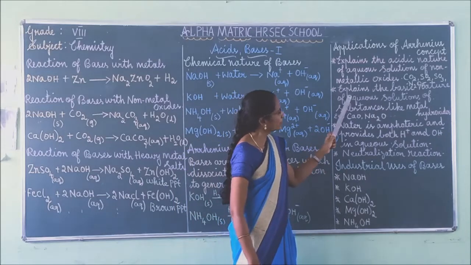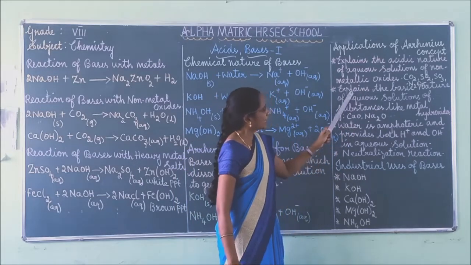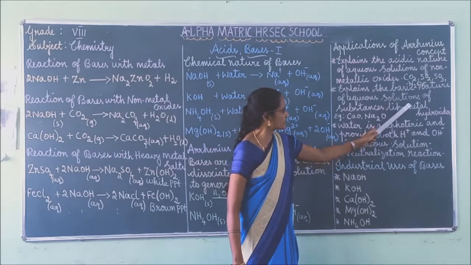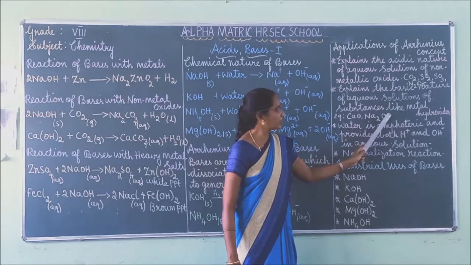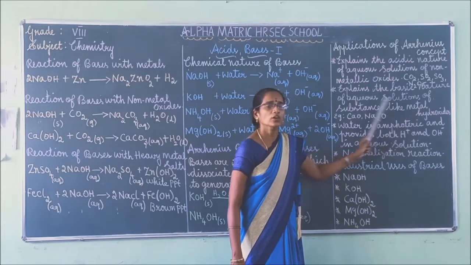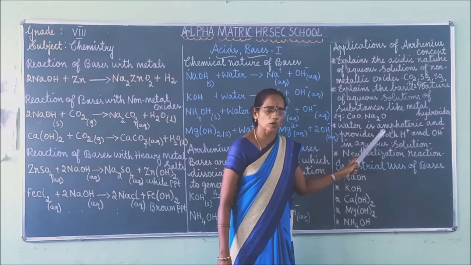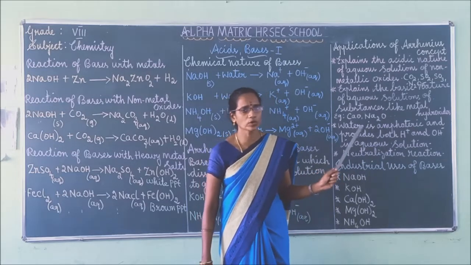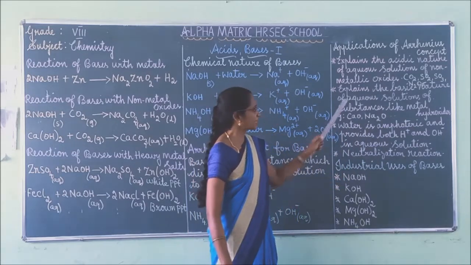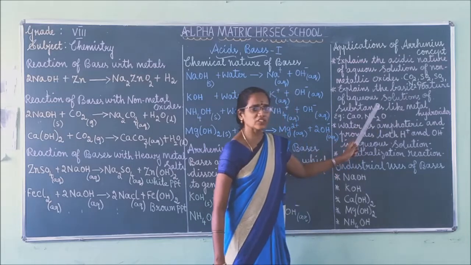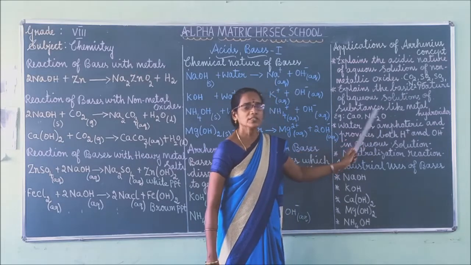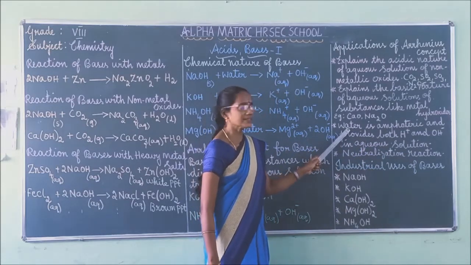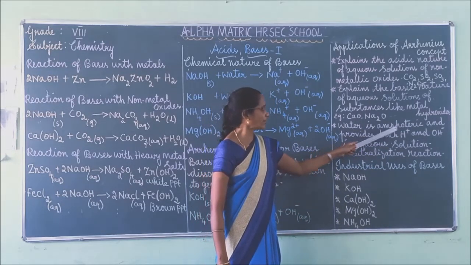Next one, Arrhenius concept explains the basic nature of aqueous solutions of substances like metal hydroxide, for example, sodium oxide Na2O, calcium oxide CaO. Next, water is amphoteric.